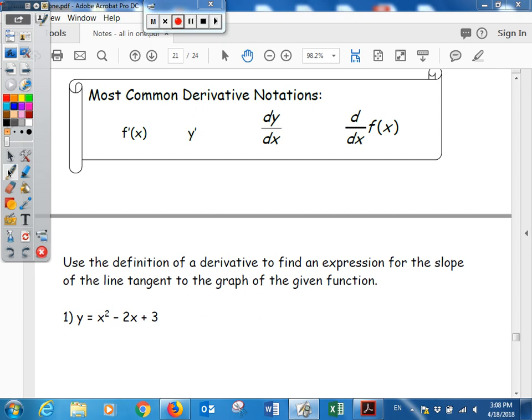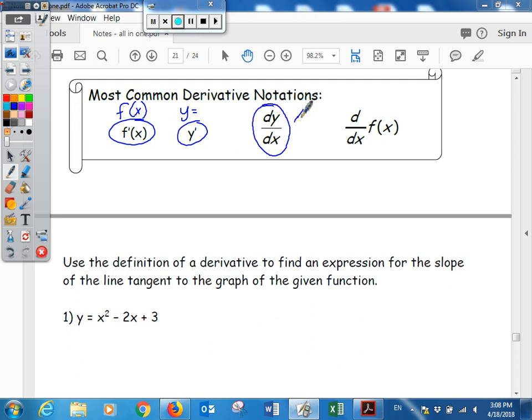So here are the most common notations that indicate a derivative. If your function is named f of x, the derivative would be called f prime of x. That little apostrophe is called prime. If your function is named y, then your derivative is y prime. We talk about a derivative as being dy over dx.